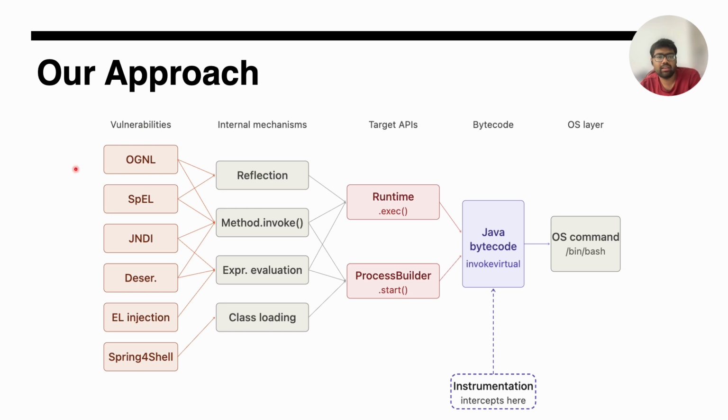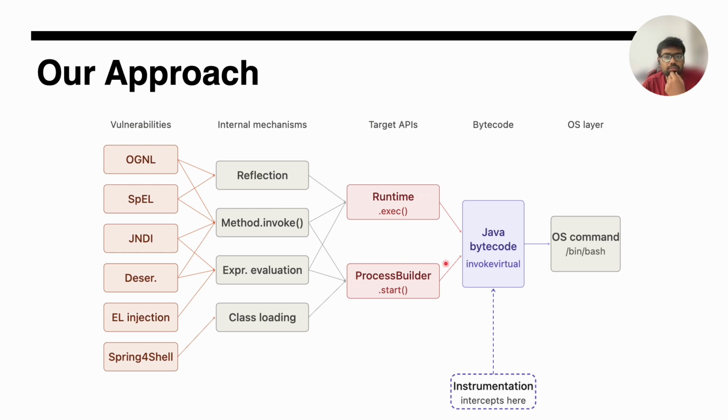And this is the key insight behind our work. No matter how diverse these attack vectors are, they all travel through different internal mechanisms like reflection, method.invoke, expression language evaluation, etc. However, they all converge on two target APIs: the Runtime.exec method and the ProcessBuilder class.